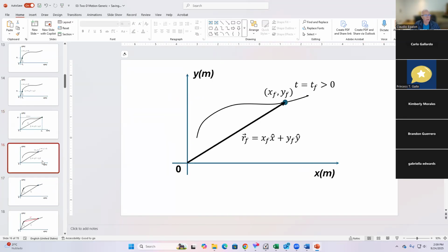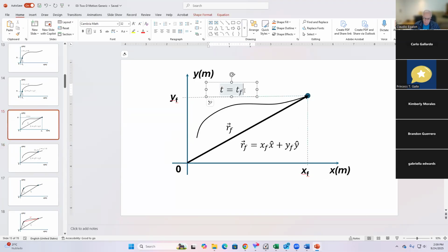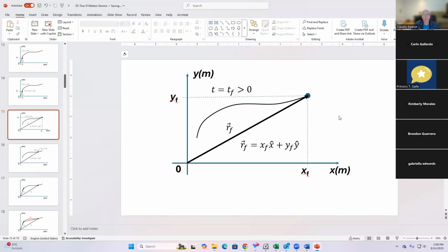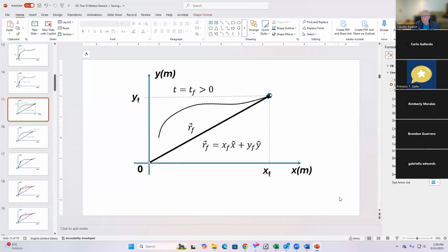Let me put one more thing here, right? This TF is going to be greater than 0. Oops, greater, not less. Greater than 0. And if I want, I can play a movie, right?